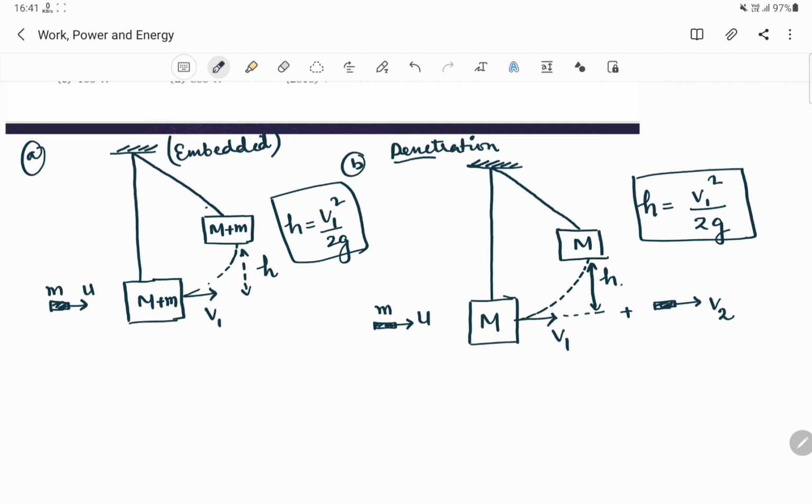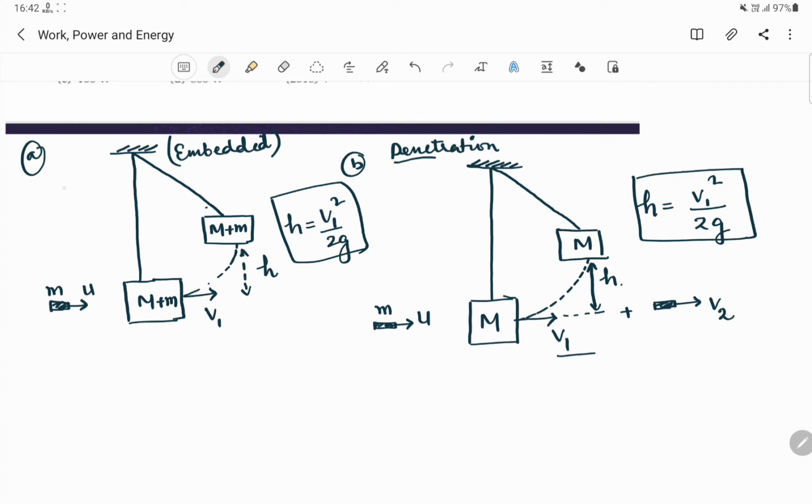So we have to find the velocity of this hanging mass after penetration, and its value will be v1. If v1 is known, then we can easily find the height up to which this hanging wooden mass rises, which will be v1 squared divided by 2g.